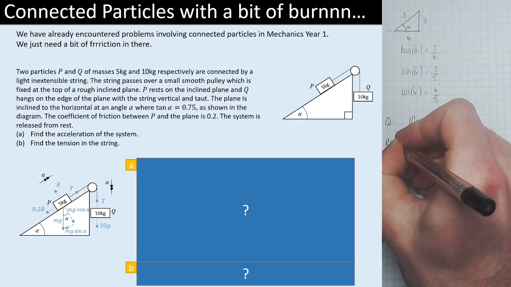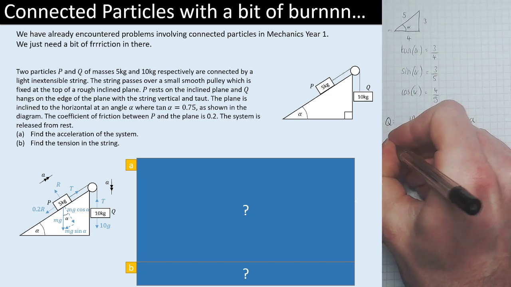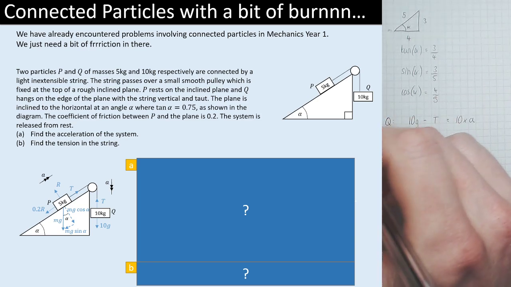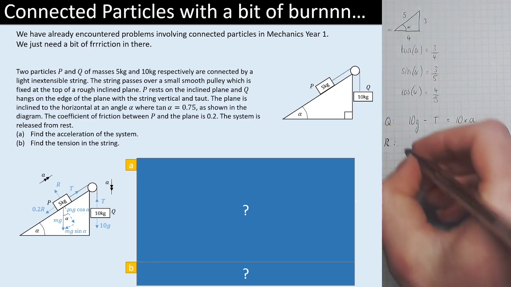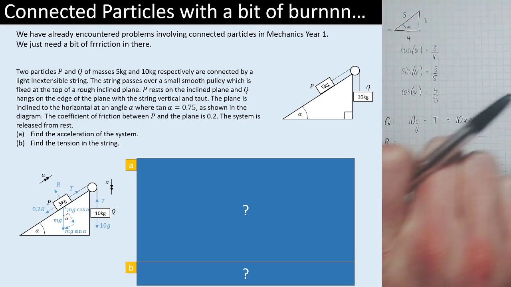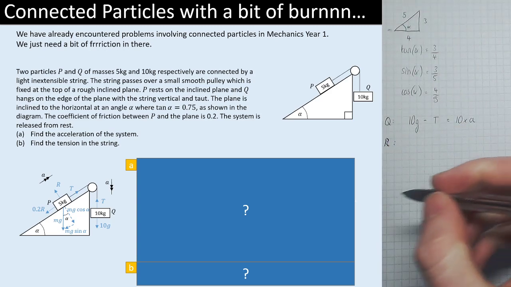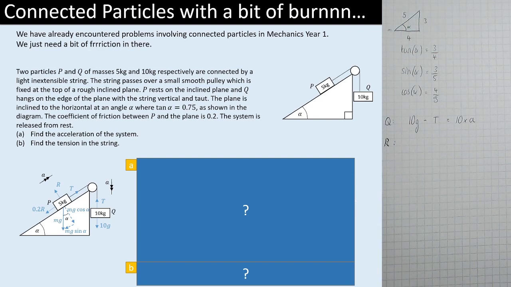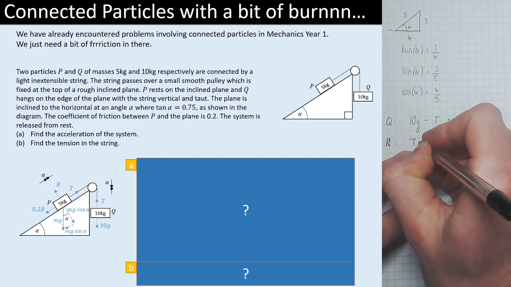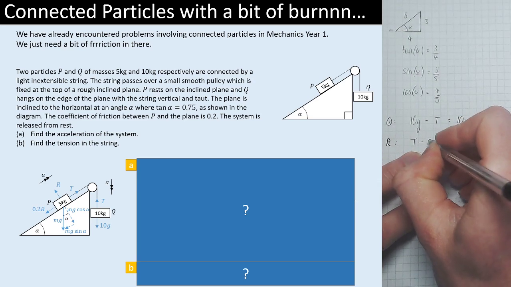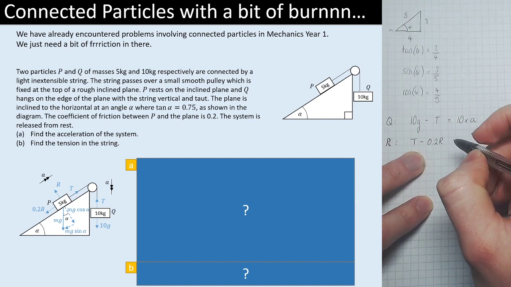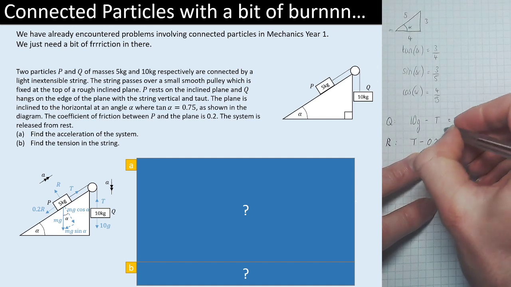So we need to look at, not R, it's called P. Read the question. So this system, we're heading off this way. So tension is overriding the forces pulling back down the slope. So T, take away 0.2R, and also take away mg sine alpha.